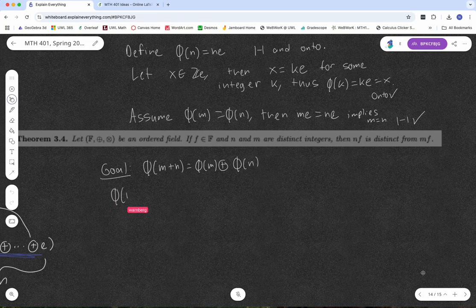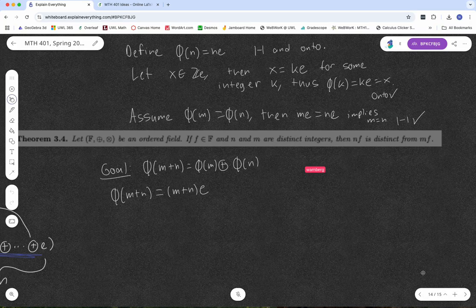So phi of m plus n equals m plus n e. Again, this is going to break down to m and n positive and negative. It's going to be a whole bunch of cases. I would just pick one case to prove.